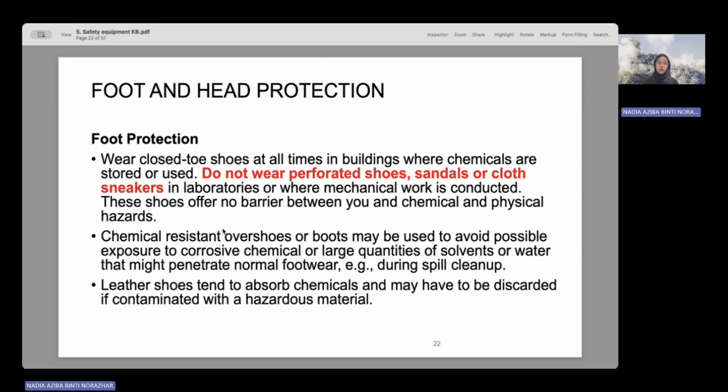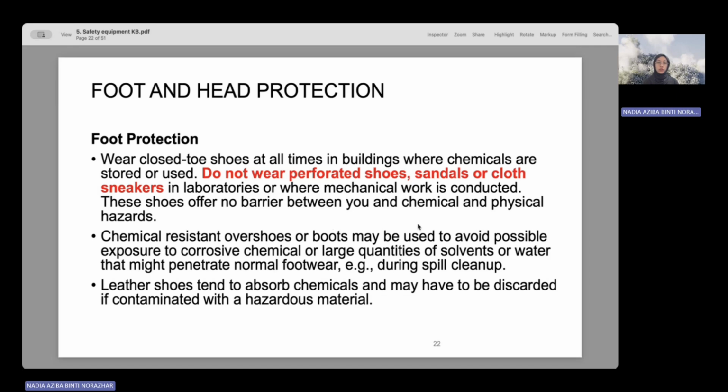Chemical resistant overshoes or boots may be used to avoid possible exposure to corrosive chemicals or large quantities of solvents or water that might penetrate normal footwear, such as during spill cleanup.